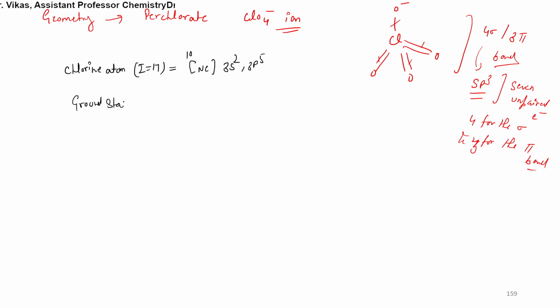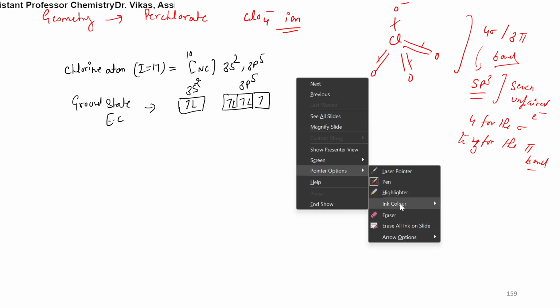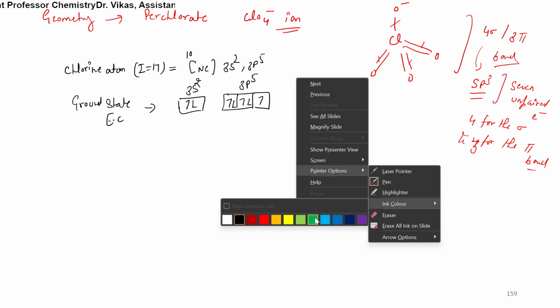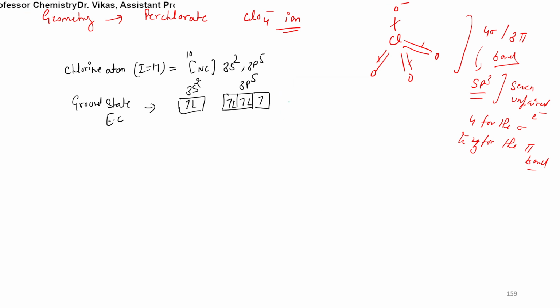Ground state electronic configuration: 3s and 3p5. Only one unpaired electron in the ground state. That means only one sigma bond or pi bond is feasible.